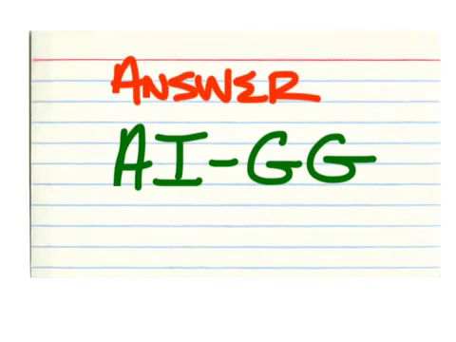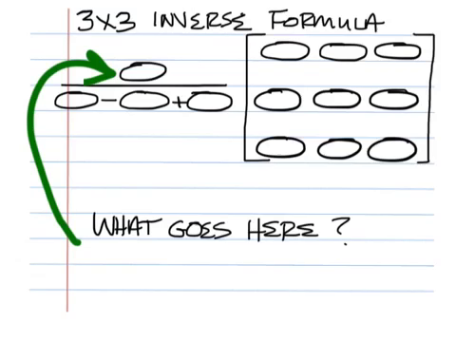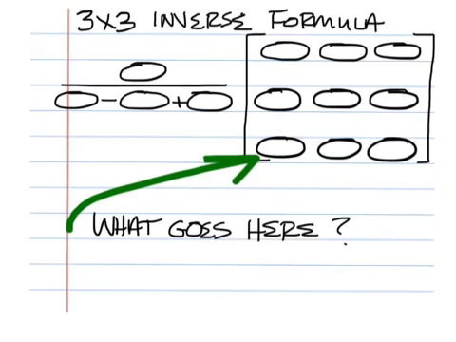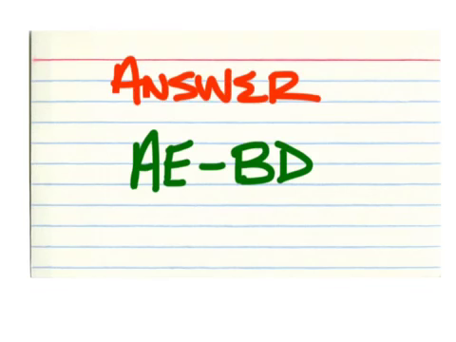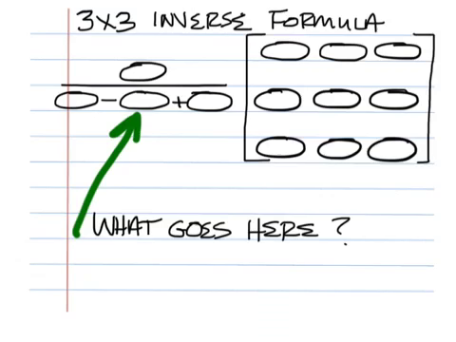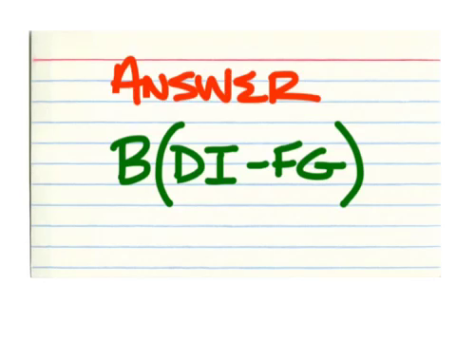AI minus CG, yes. And what goes here? What goes here? Negative B times DI minus FG.